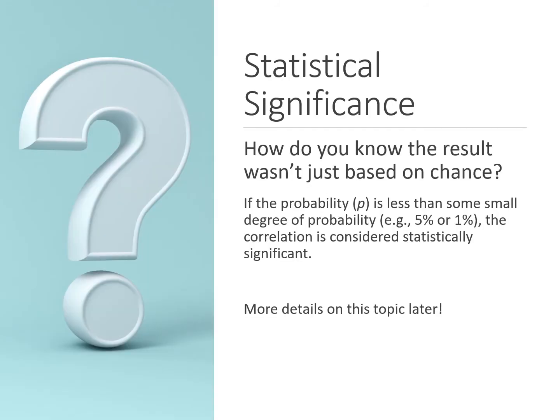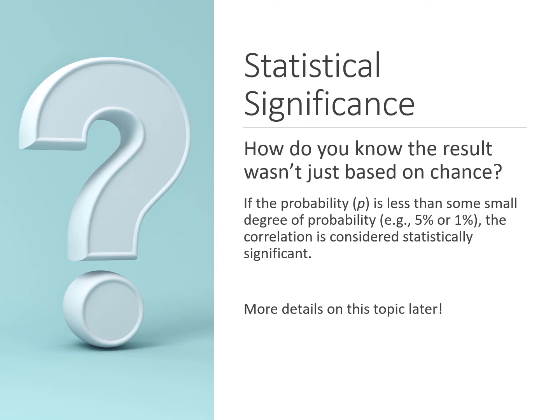So there's a couple more things we need to talk about. We were talking about how we can predict one variable from another, but how do I know that the correlation is not just based on chance? So we call this statistical significance. How do you know the result wasn't just based on chance?